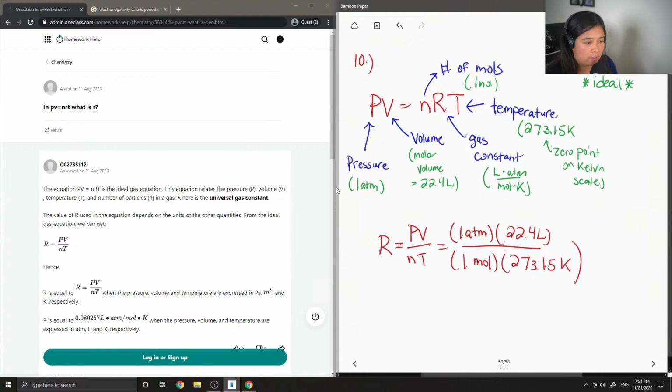Okay, so solving for R, we end up getting the ideal gas constant, which is equal to 0.08205 liters times atm over mole times Kelvin.